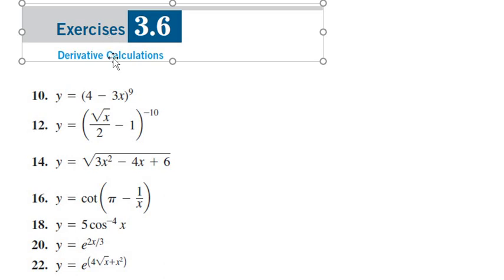Pi minus 1 over x. We have to get some information about the derivative of cot, so I'll bring in some information.